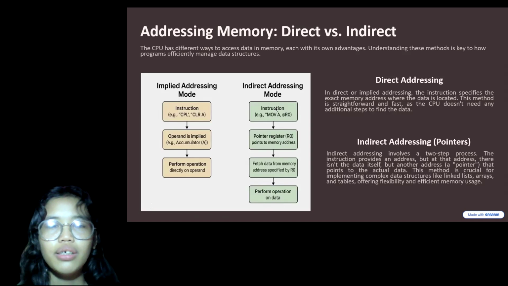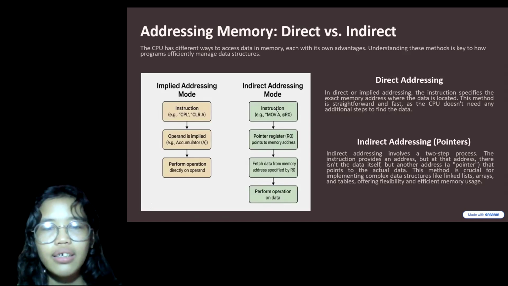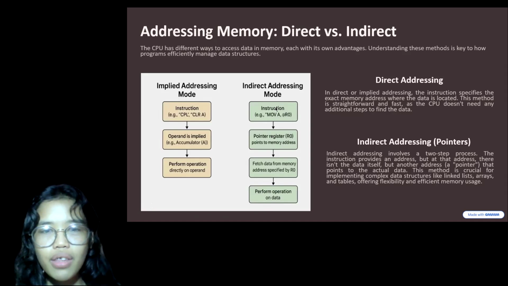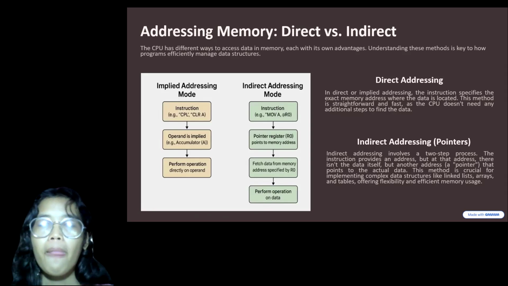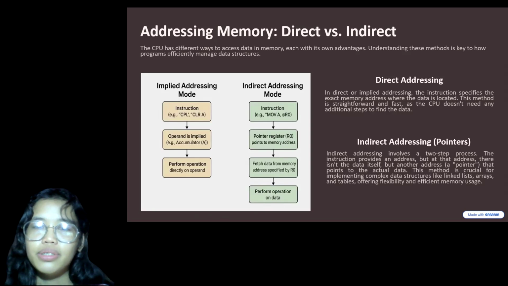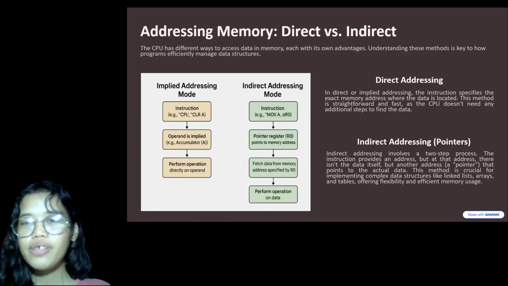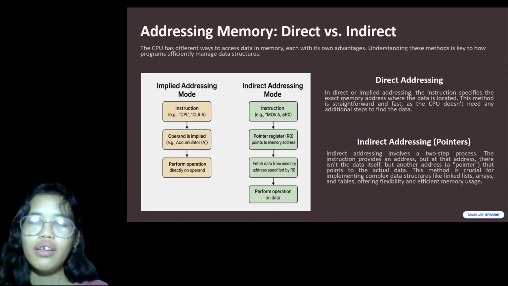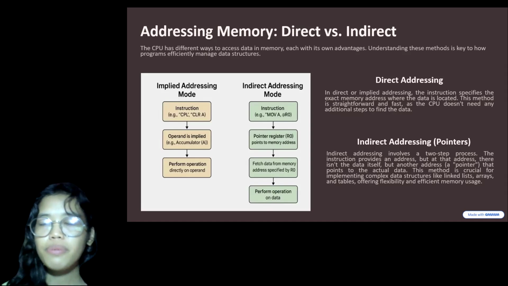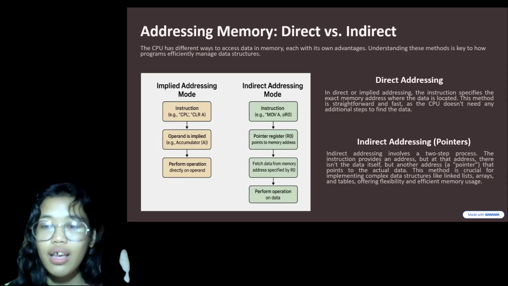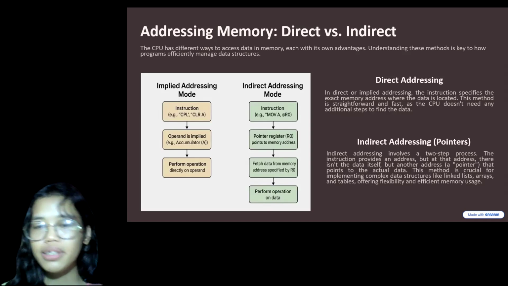So, basically, direct addressing specifies a memory location explicitly. So it's already straightforward. And of course, indirect addressing, or pointers, involves a two-step process. The instruction provides an address, but at that address there isn't the data itself, but another address that points to the actual data.